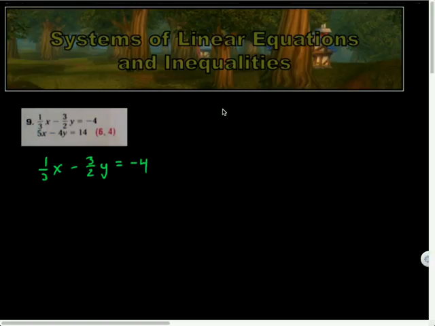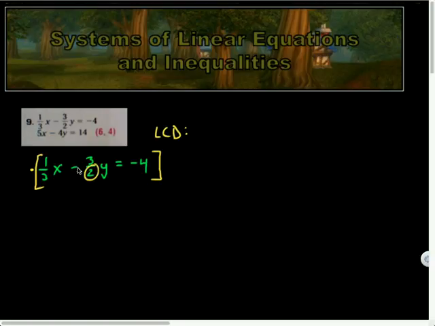Now let me teach you a little trick. I call it fractionicide, in which you can actually kill all of the fractions in an equation rather quickly. Does anyone remember how to commit fractionicide? Kill all these fractions? You just multiply by the reciprocal on the side? No, not quite.